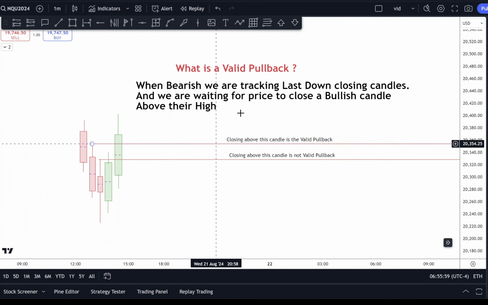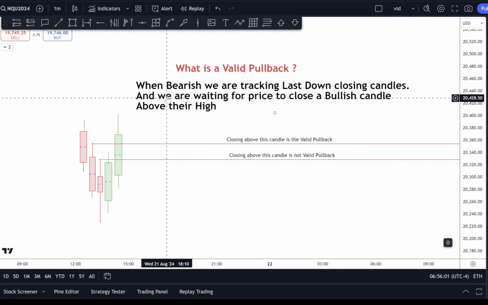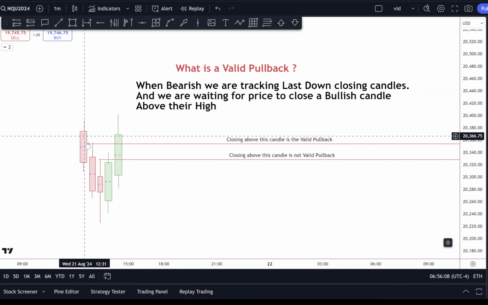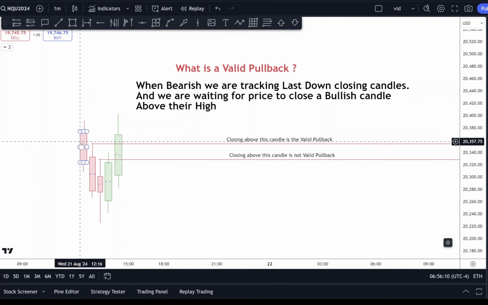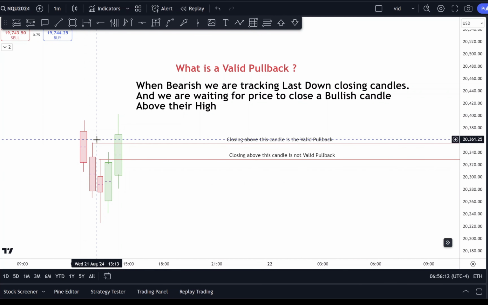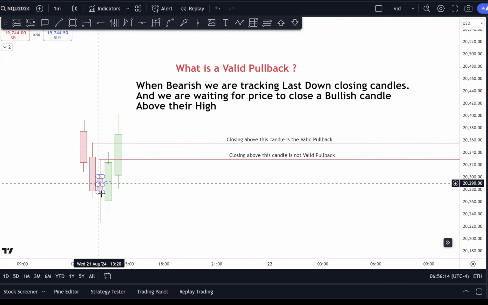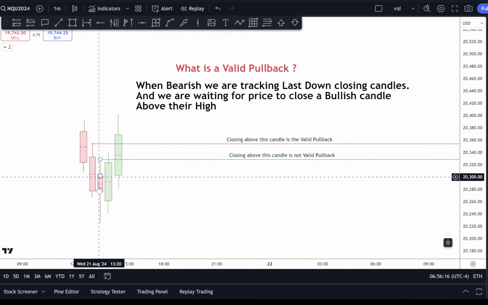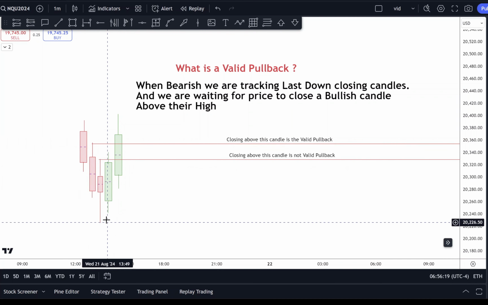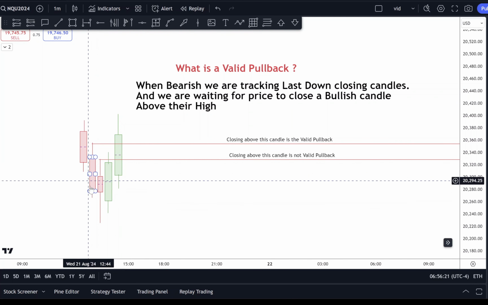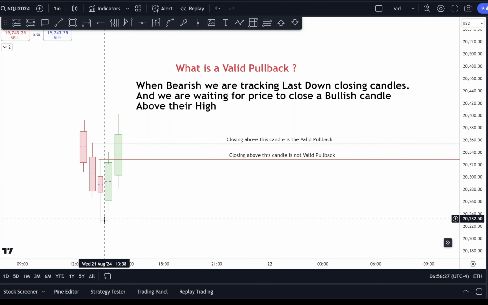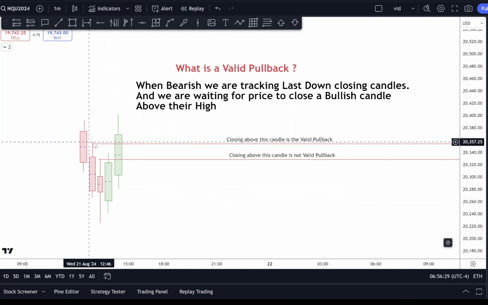When we are bearish, we are tracking the last down closing candle and we are waiting for price to close a bullish candle above its high, okay? So we're bearish here. So this candle closed under this candle, so we're waiting for price to close above here, right? We have now this last candle that put the low, but it didn't close under this candle. So we're still waiting for price to close above this candle.